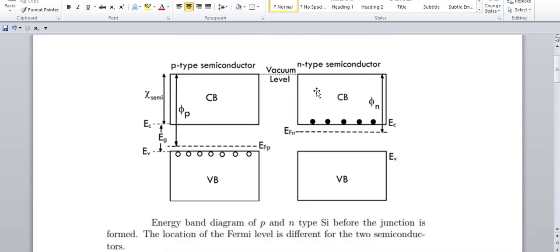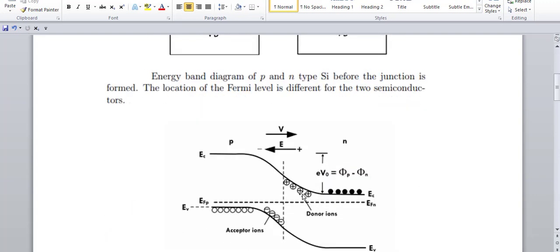That means if we compare the N-type conduction band layer with the P-type conduction band layer, the position of the N-type conduction band will be slightly lower. Similarly, the valence band position for N-type will be slightly lower compared to the valence band position of P-type. Otherwise, you cannot make a straight line of the Fermi level.